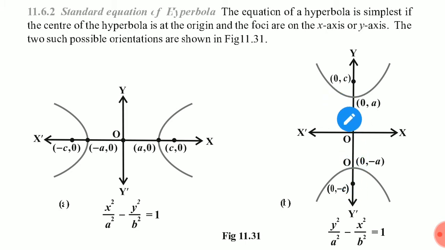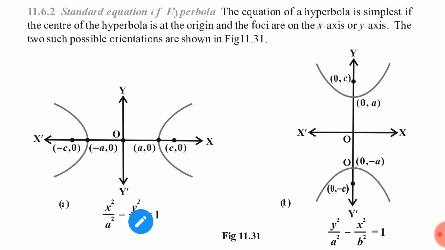For example, the vertices become (0, a) and (0, minus a), because now the x coordinates are 0. Same for the foci, (0, c) and (0, minus c). So the vertical hyperbola equation becomes y square upon a square minus x square upon b square equals 1.